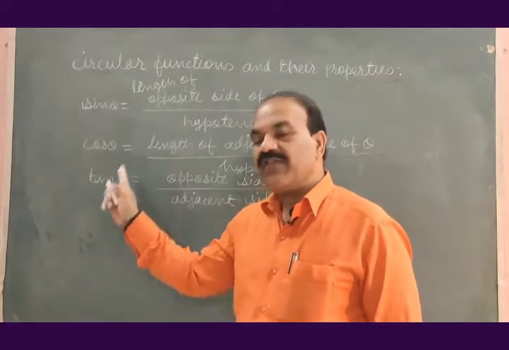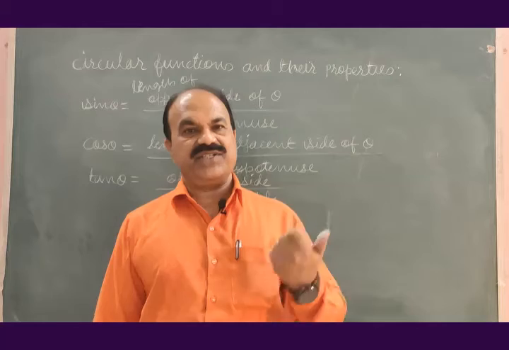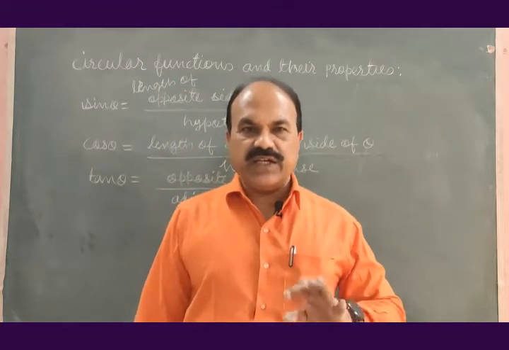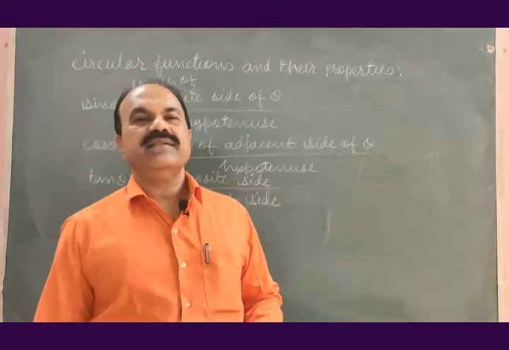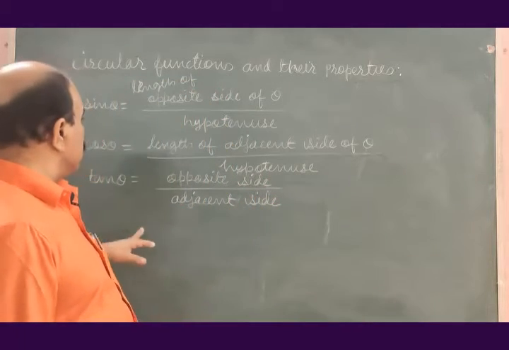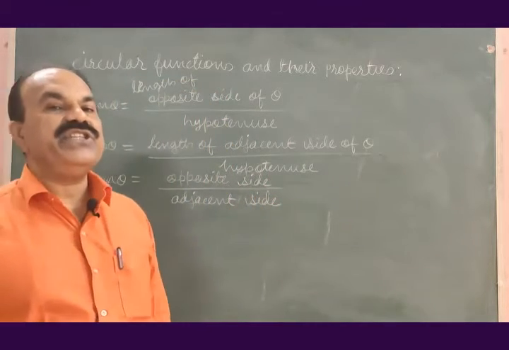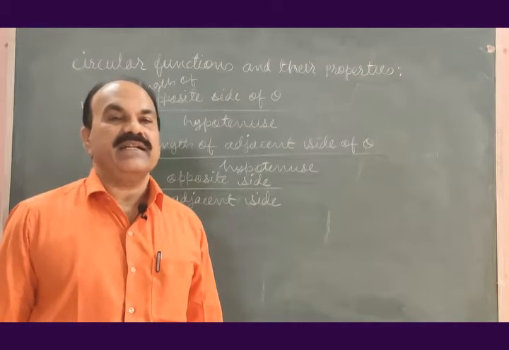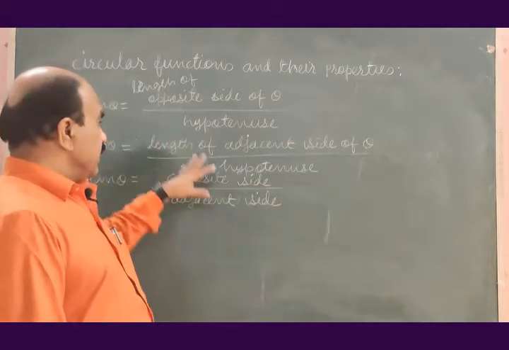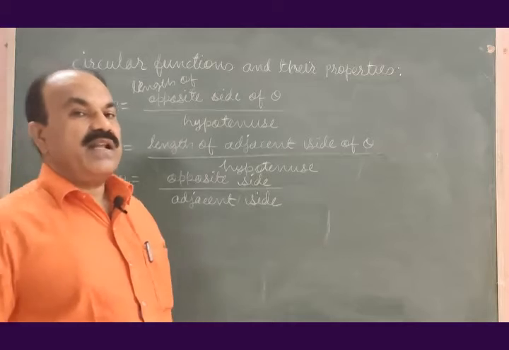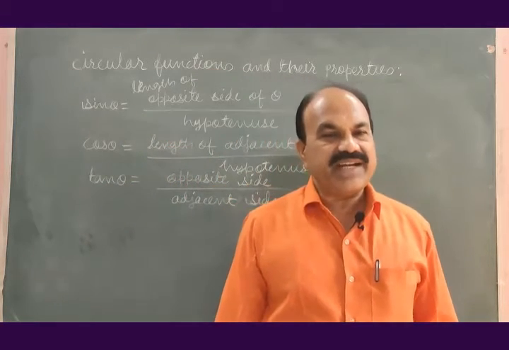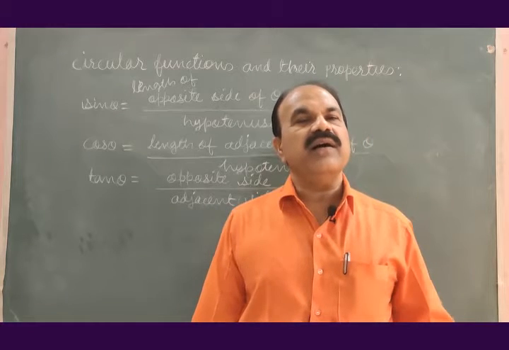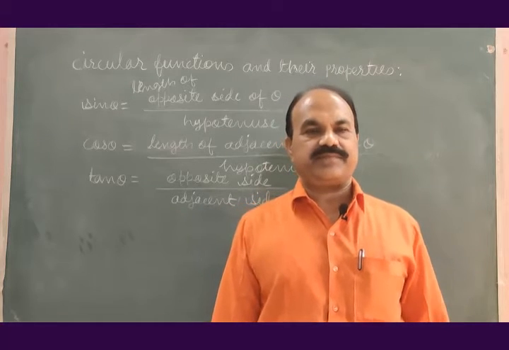Trigonometric ratios always correspond to ratios of lengths of various sides of a right angle triangle.